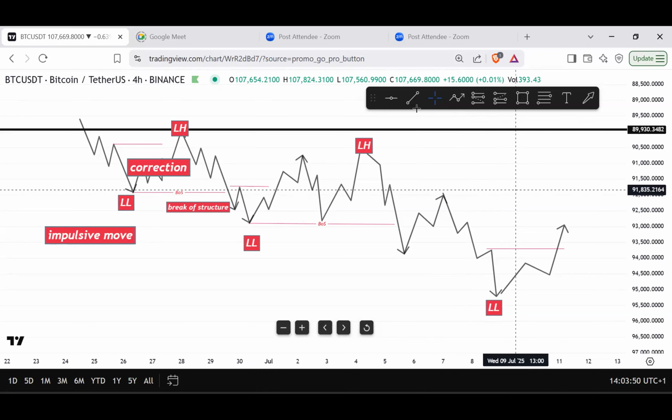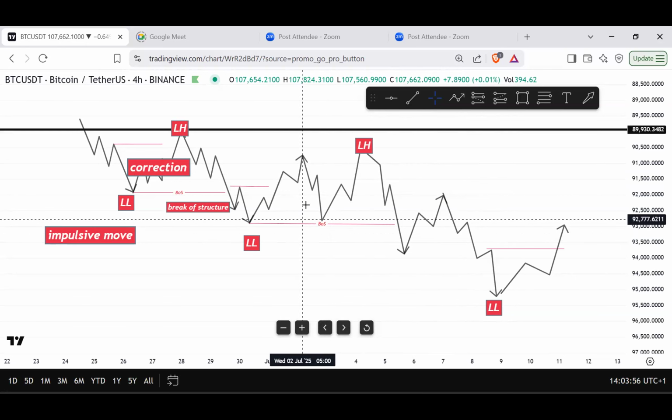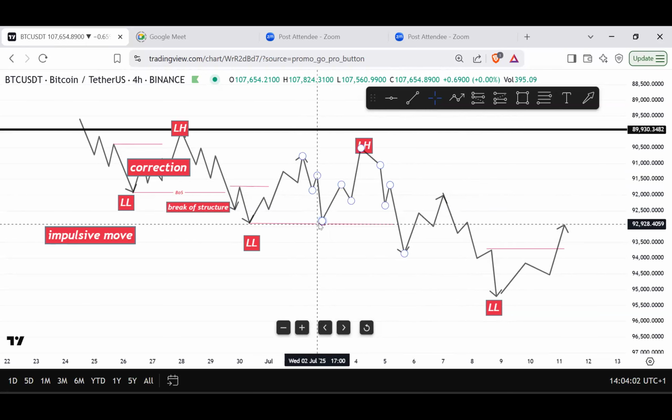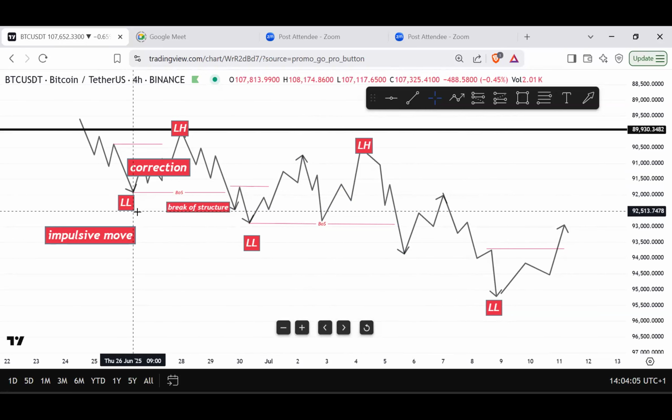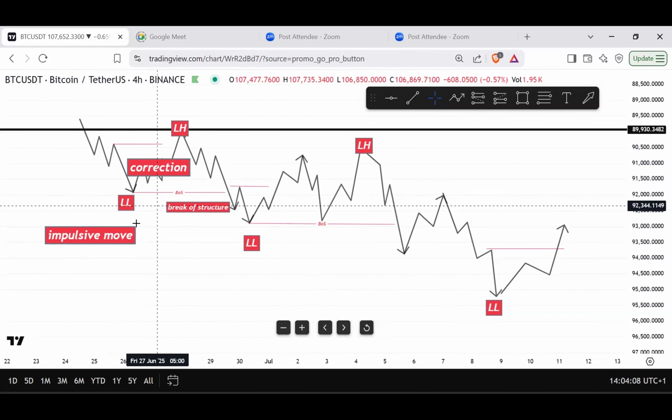Great. The new thing we learned today was the breakout structure, and identifying the higher high, higher low, lower low and lower high.